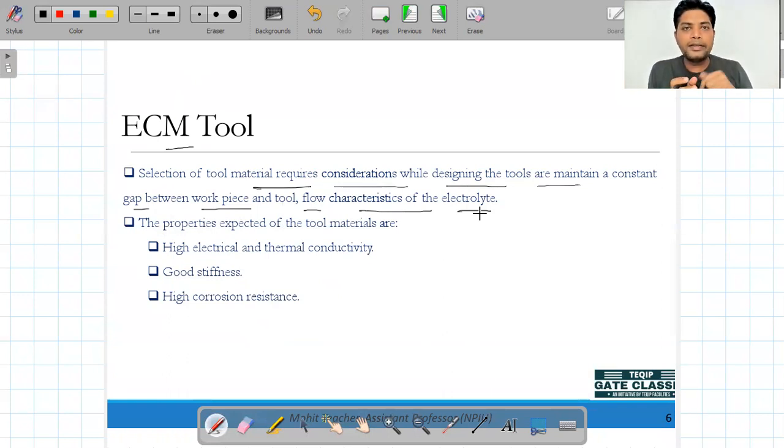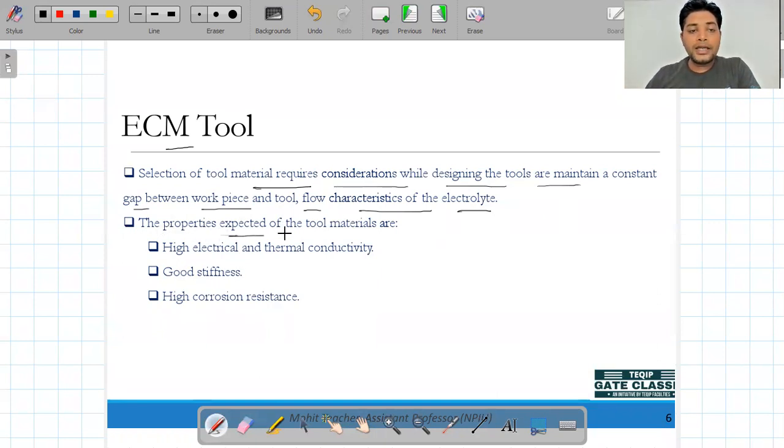We have to keep in mind that no contact should be established. Within this gap only, the material should start releasing from the workpiece area. So please keep that in mind.